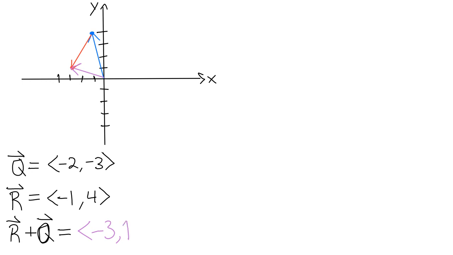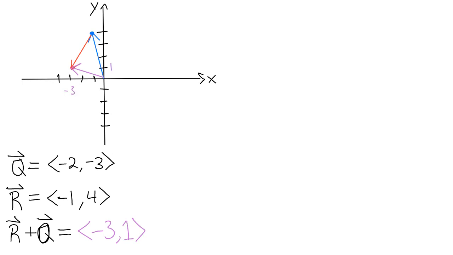Very good. I hope that makes sense. We had Q is red, R is blue. If you're going to do R plus Q, you start with R. You take Q, put it at the end of R, and then finish that triangle. Yeah, and this is located at -3, 1.